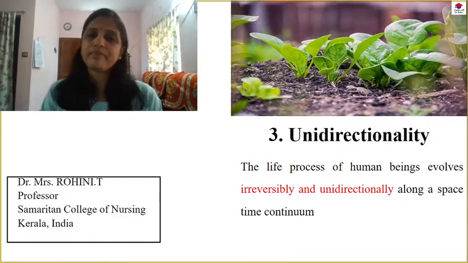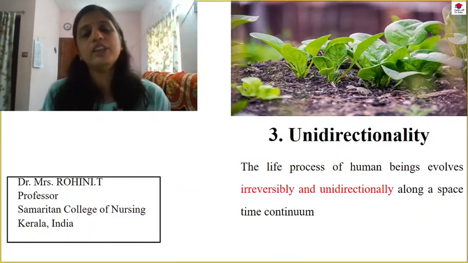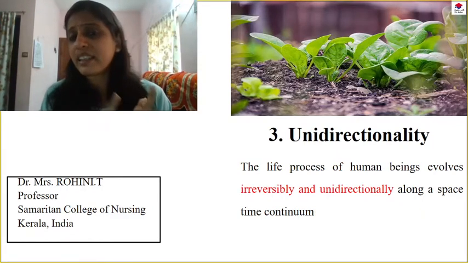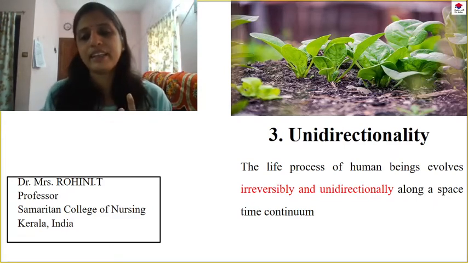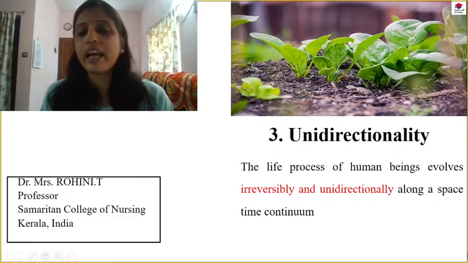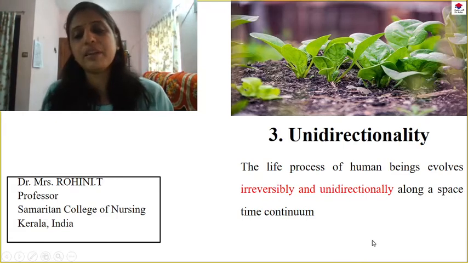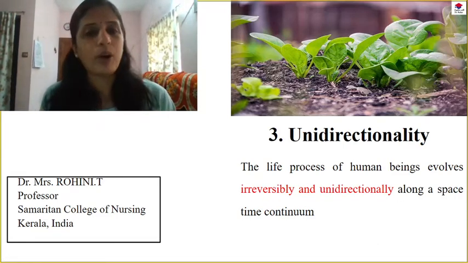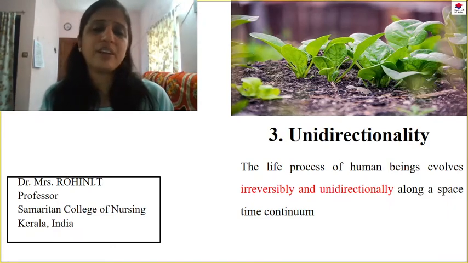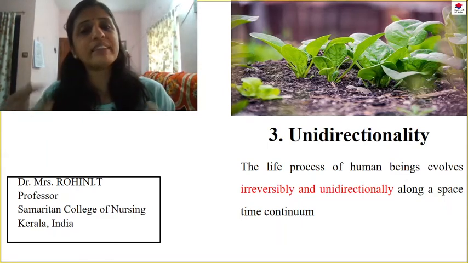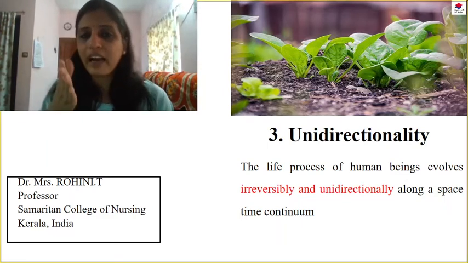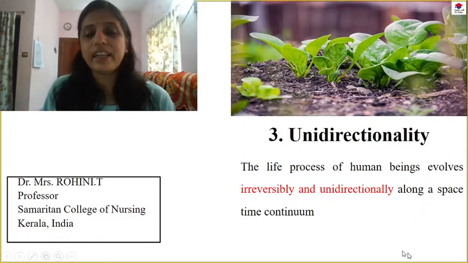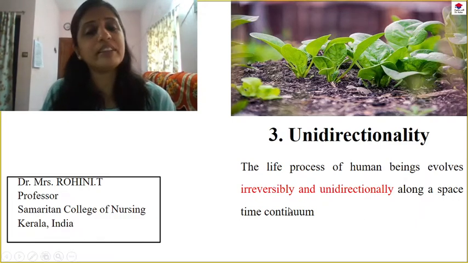Number three, unidirectionality. So, what she believed, the third thing about the unitary human being is that it is irreversible. The life process is irreversible, and there is only one direction along a space time continuum. The best example is a unitary human being, or for that matter, any living thing. We always keep growing. We cannot reverse the process of growth. It has unidirectionality. The evolution is always irreversible.